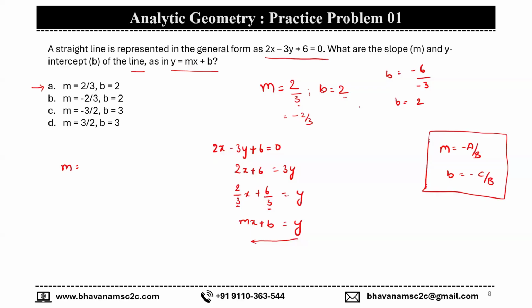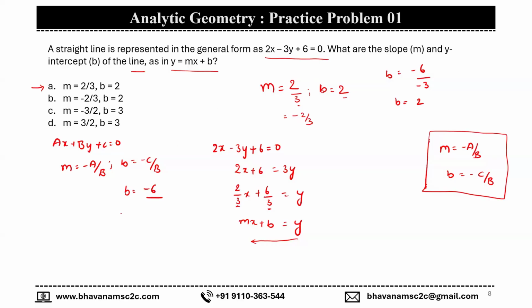Okay. So let's make it clear for everyone. Now the doubt is, as per the general form ax plus by plus c equal to 0, our m value is going to be minus a by b and b value is going to be minus c by b. So for b, the c value is 6, which gives minus 6, and the b value is minus 3.